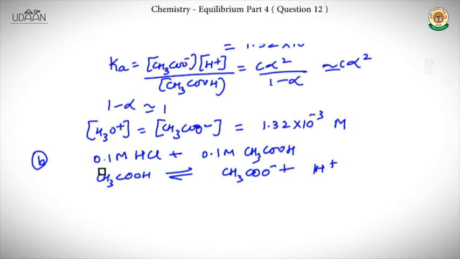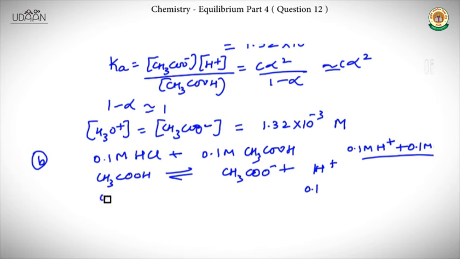So when 0.1 molar HCl dissociates, I will get 0.1 molar H plus and 0.1 molar Cl minus. That is irrespective of whatever else is present in the reaction. So 0.1 molar of H plus will come from HCl.